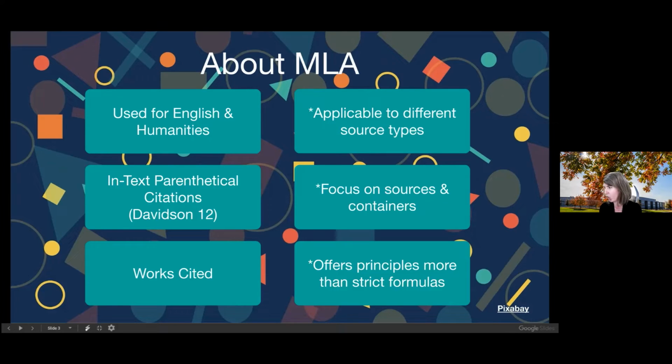It's really intended to offer principles and patterns rather than strict formulas for creating our citations. So it still has patterns we should follow, but it's trying to give us some leeway. In their documentation, you'll find that sometimes they'll say there may not be one exact way to cite something. Something could be cited in more than one way and still be correct in the citation style.